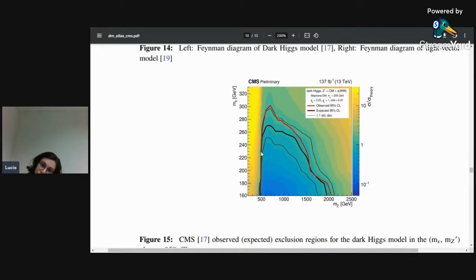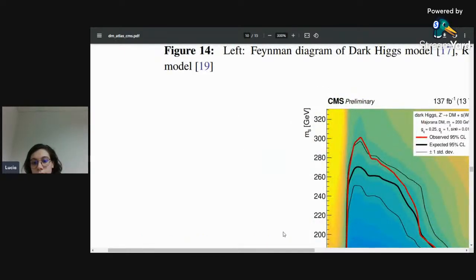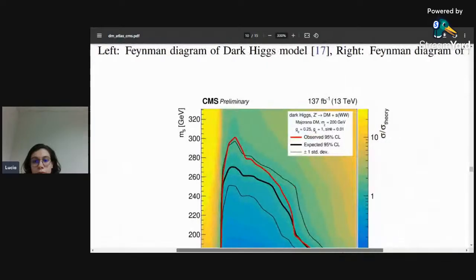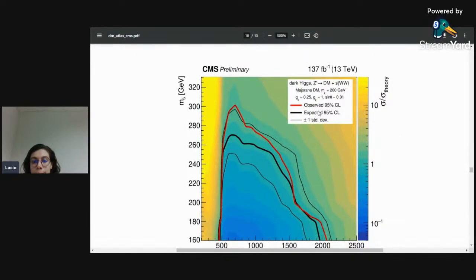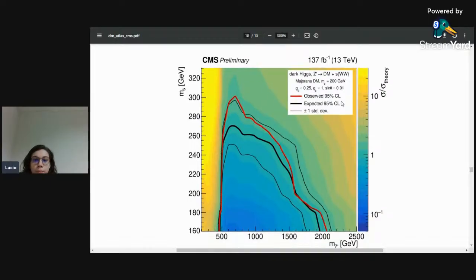This region right here, you can't see it. They consider some fixed values for the coupling. They also fix the sine of theta, the same sine of theta that we saw earlier, so it's depending only on the geometry.